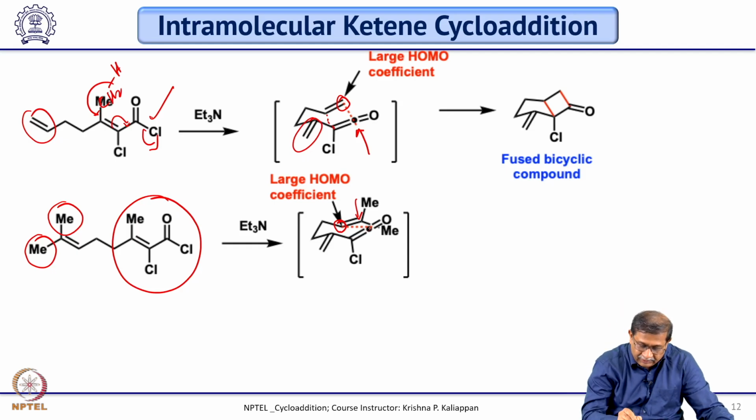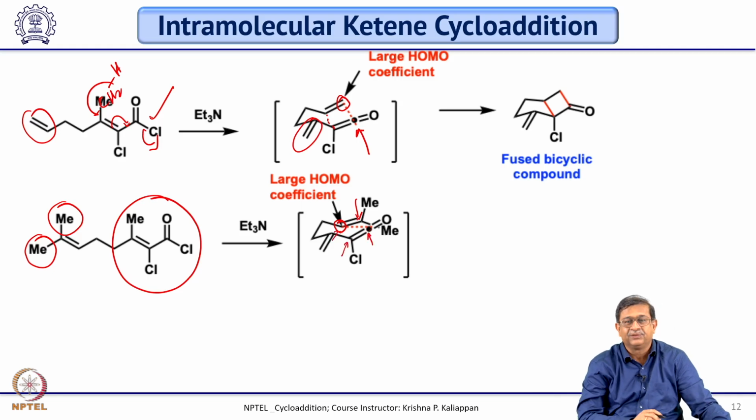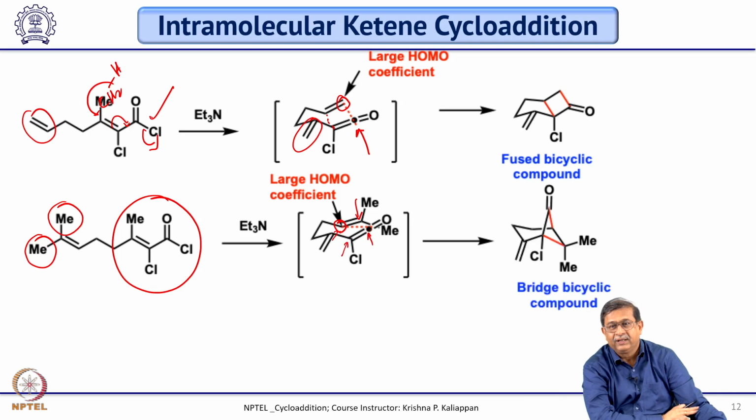So now the bond will be formed between this carbon and this carbon, followed by this carbon and this carbon. So that means you will get a very interesting bicyclic system, but this is not fused, this is a bridged system. You get a bridged bicyclic system, whereas in the earlier case you get a fused bicyclic system.